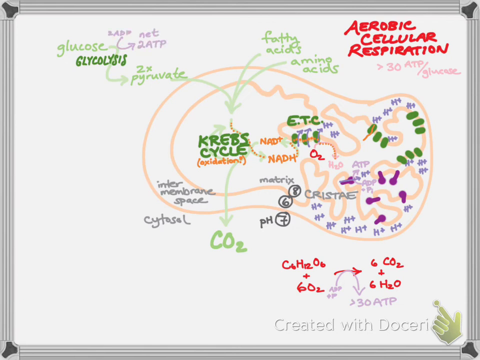Now, there is a trick to this. Glycolysis actually generates 2 ATP per glucose, which is not a lot. But the trick of this is the following. Just like the Krebs cycle, glycolysis is an oxidation process, which means it's going to yank electrons away from glucose, generating NADH. And as I mentioned before, we need to pass those electrons along to continue this process.